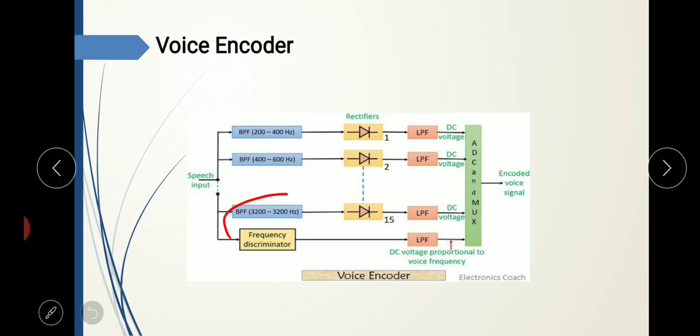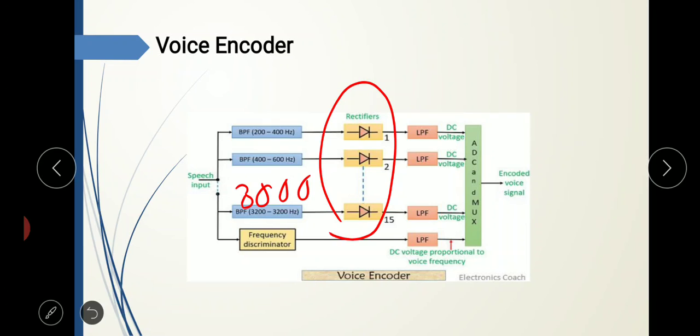Here in the last you can see it has written 3200 to 3200, so it is actually 3000 to 3200. Then the output of bandpass filter acts as input for the rectifier units.